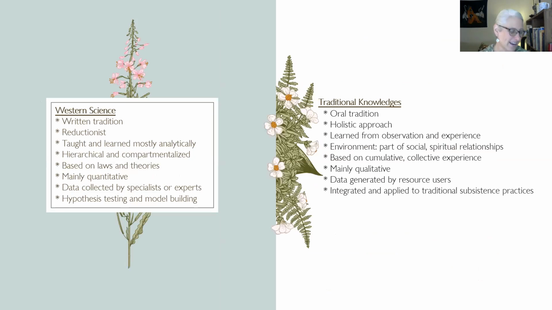So to compare Western science and traditional knowledges a little bit, Western science tends to be written. You tend to go to a book or now to the computer. It is reductionist. So let's really get down to what is the actual variable that changed, or what is the actual condition that changed, right?